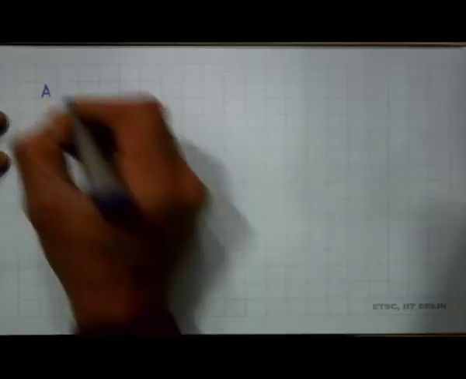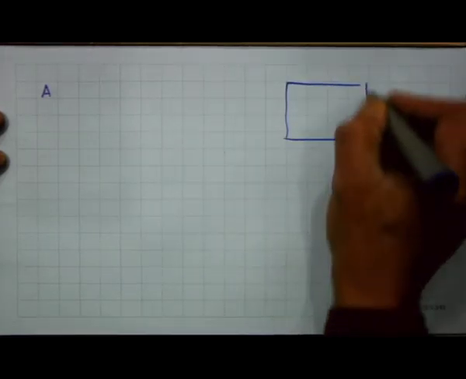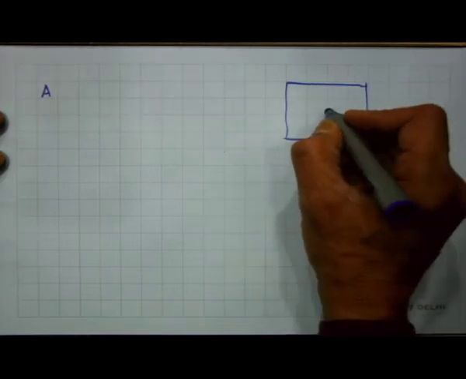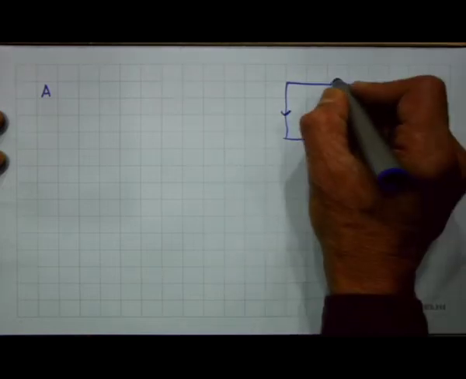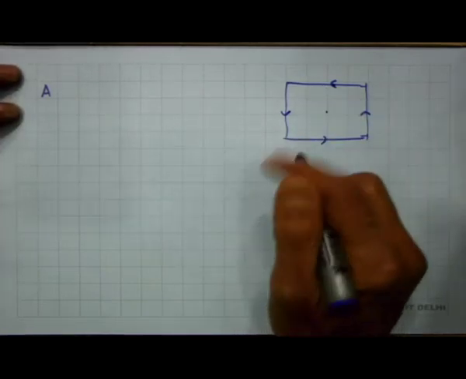Now, please note, in the square case, if I draw the square here, I have to calculate the magnetic field here. Suppose I draw the lines here, this is the current flowing. So, this is a problem which is very similar to what we had before.